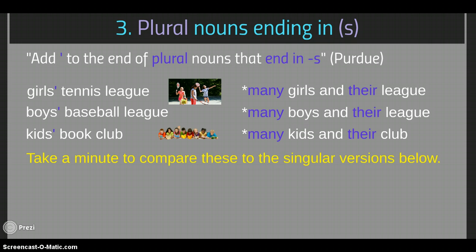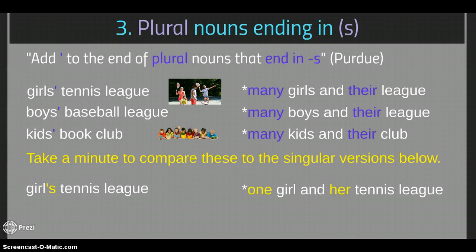Let's take a minute to compare these to the singular versions below. So in this example, the girl's tennis league, G-I-R-L apostrophe S, we are talking about just one girl and her tennis league as compared to the top example, which is G-I-R-L-S apostrophe, because there are many girls and we're talking about their league.